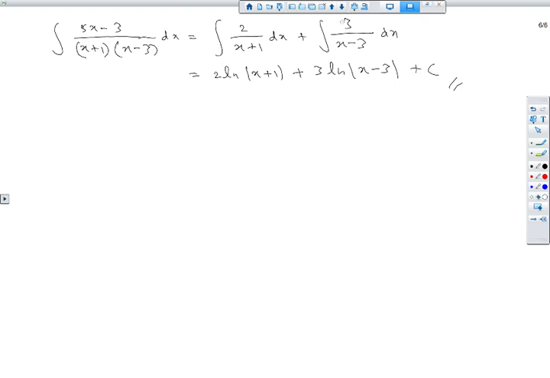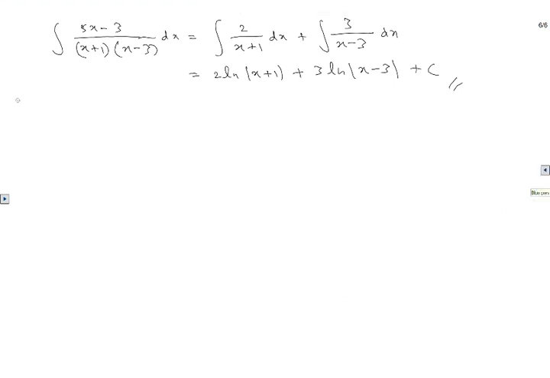Okay, so let's try another example. How about we have 3 unknowns, 3 linear factors. So integrate (x squared plus 4x plus 1) over (x minus 1)(x plus 1)(x plus 3) dx, something like that. Its argument is very clear.